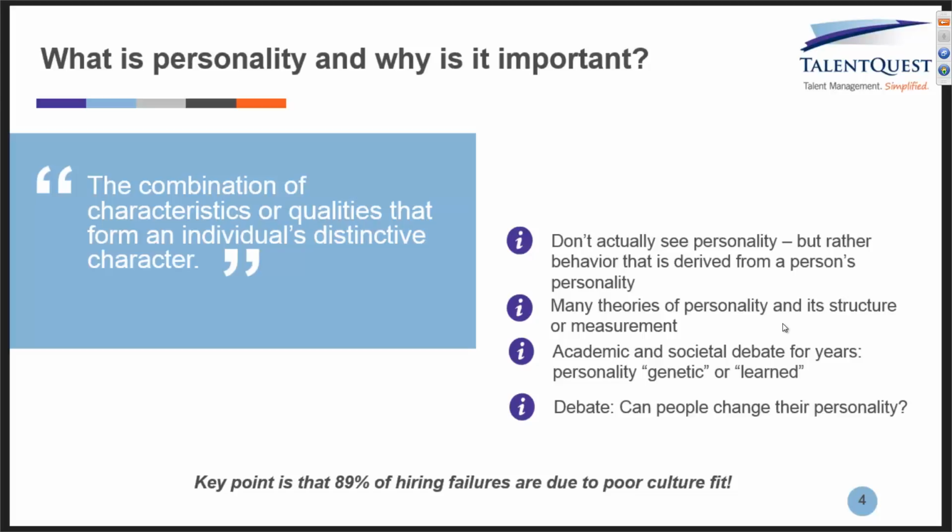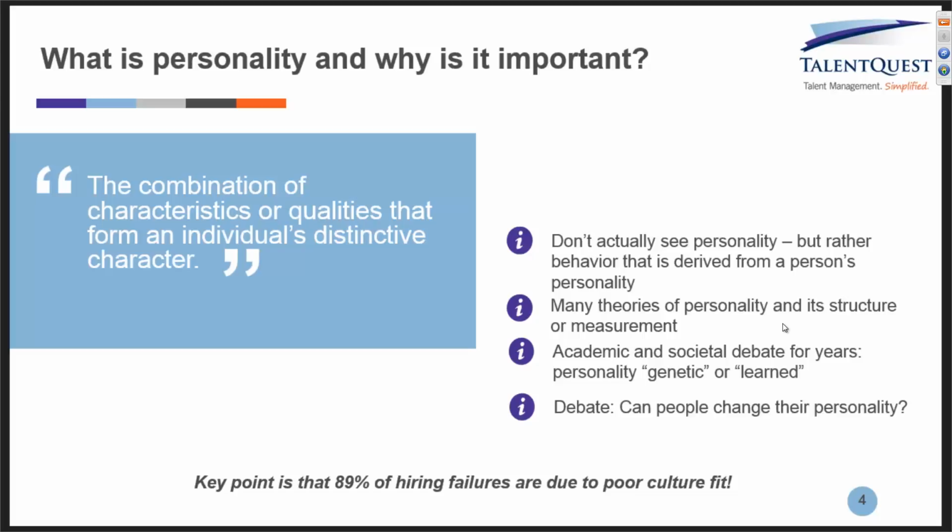Another example that I like to give, going back to that first bullet on how we see behavior and not personality, is that it's very easy to misjudge someone based on their personality and what you perceive to be their behavior. For example, if I'm very shy, and let's say that I don't talk very much, from the outside looking in, you may assume that I'm arrogant.